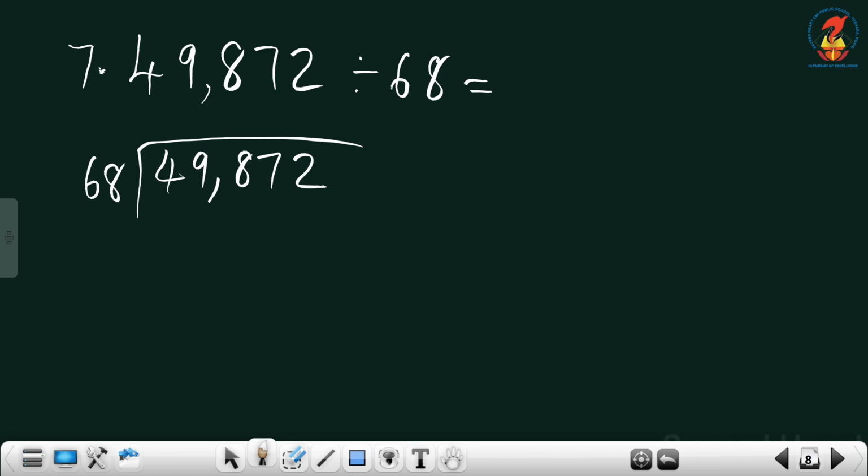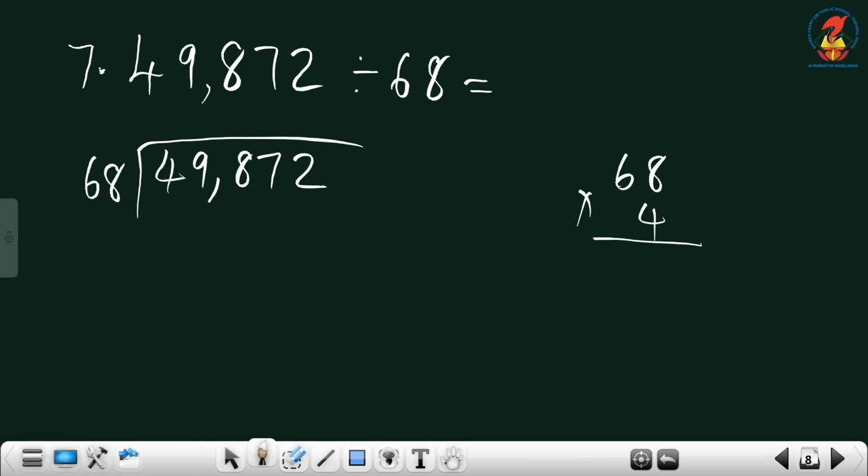498. 68 into which number equals 498? Simply check. 68 into which number we want to check? Simply I write for it. You can check it with any number. But you need to understand one thing. If you want to get bigger number, you need to multiply by bigger numbers.